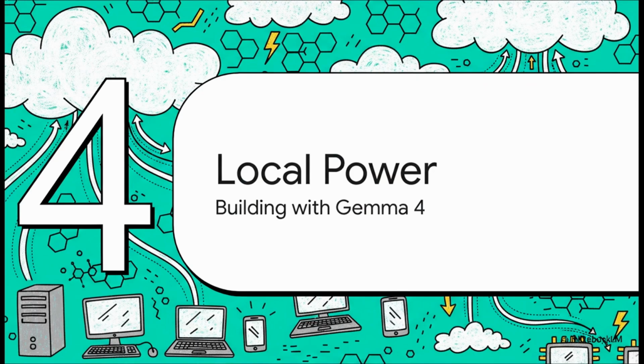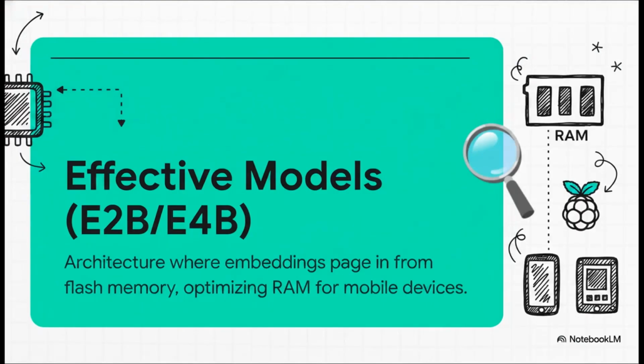And finally, Section 4, Local Power with Gemma 4. So far, we've been in the cloud. Now, we are pulling all of that power out of those massive data centers and bringing it right down to your local hardware. Gemma 4 is DeepMind's brand new open-sourced family of models. And within this family are what they're calling effective models, specifically the 2 billion and 4 billion parameter sizes.